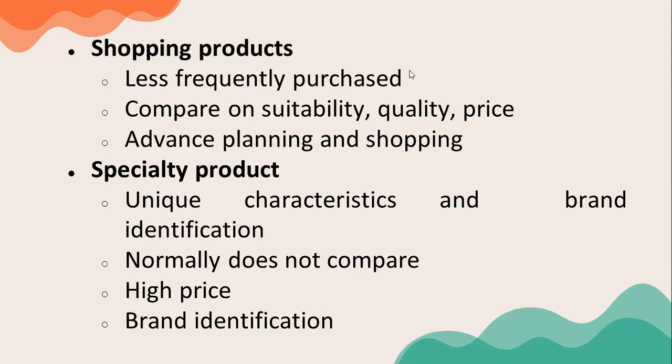The main thing is there's a brand identification for this type of product. With the brand identification, there are unique characteristics for that product, so you do not compare it with other products. Usually these are high in price. So these products we call specialty products. Any examples for the specialty products?